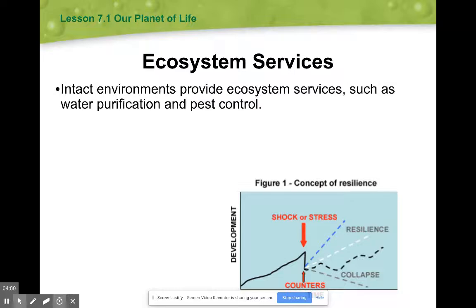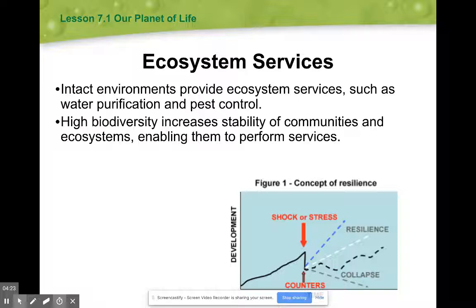And what I mean by services, it could be things like pest control, whereas you and I might pay for someone to spray our house and maybe keep things like cockroaches or scorpions out. There's certain plants or animals that do a good job on their own. Or you can look at a wetland. A wetland is an extremely important resource to humans because it cleans the water before we take it out. So that's what we mean by an ecosystem service.